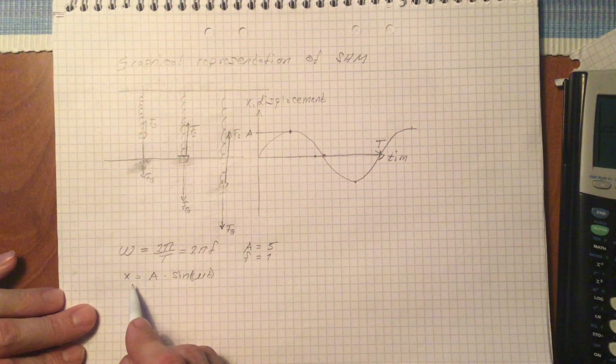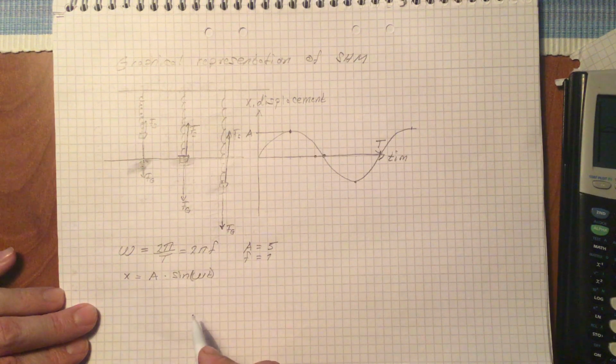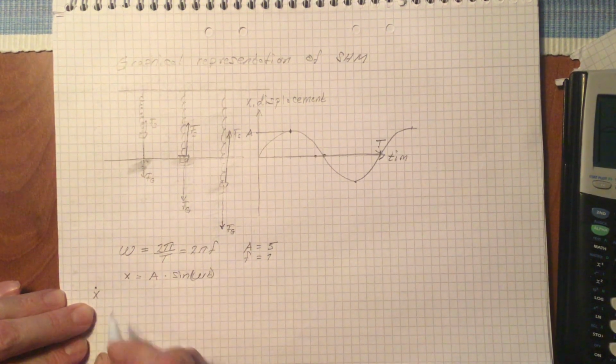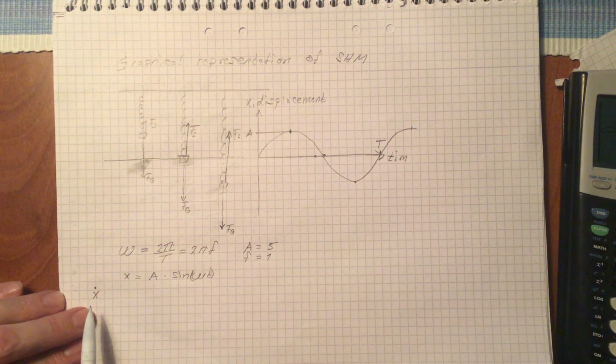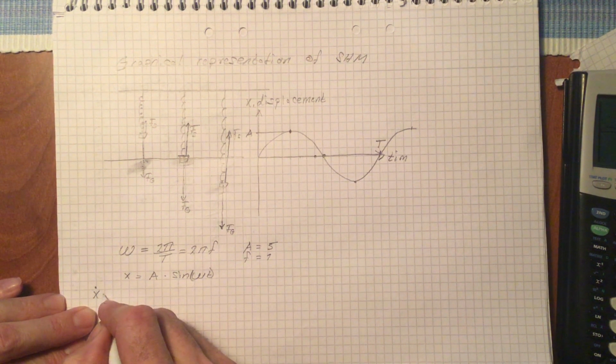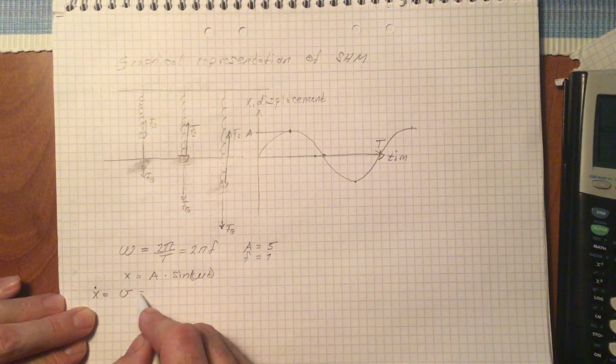Okay, now let's derivate or differentiate this function. If I do that, I call it x dot like this. It's the differentiate according to time. Then you have dot instead of prim. And that is the same thing as the velocity.